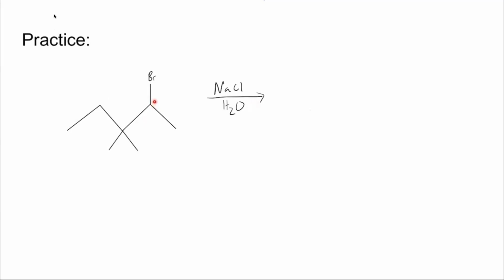Somebody says secondary. Wonderful. Thank you so much. Yep, this is a secondary carbon. So just like last time, we aren't able to rule out any of the 4 reactions because all 4 of them could take place on a secondary substrate.